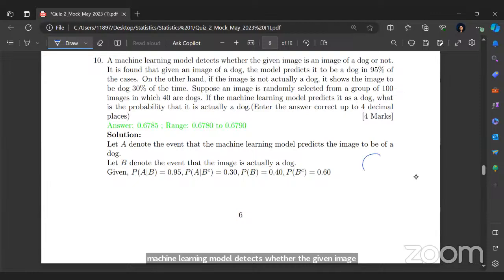So let's say you are given an image, and the model that you are creating will decide whether this image is a dog or not dog. I will write dog as D and not dog as ND.